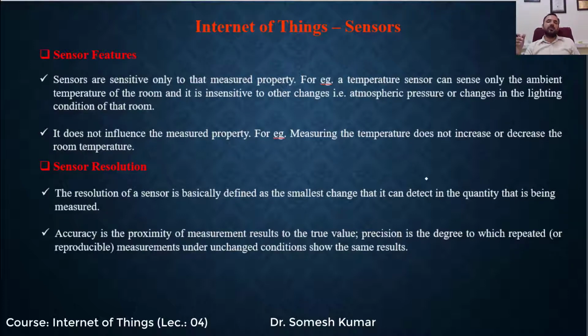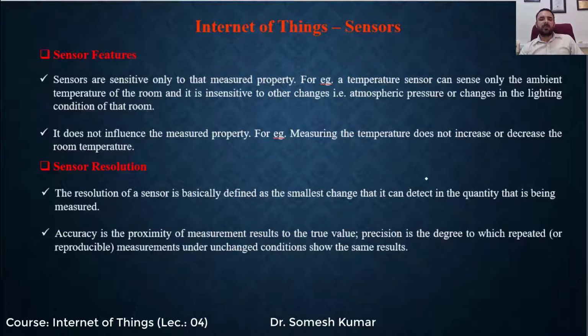Fine. The second main feature of our sensor is that it does not influence the measured property. For example, if a temperature sensor is measuring the temperature of your room, suppose the room temperature is 30 degrees Celsius.